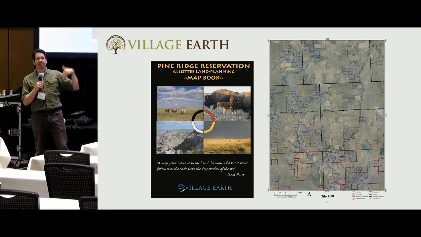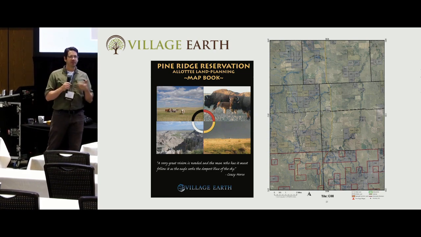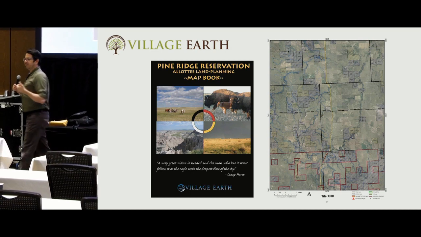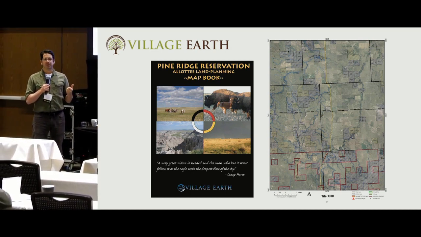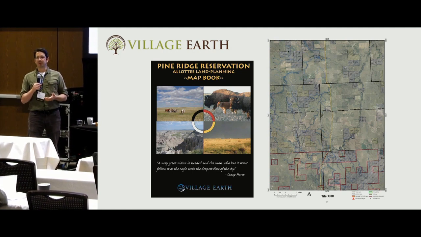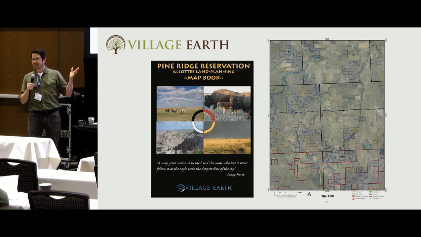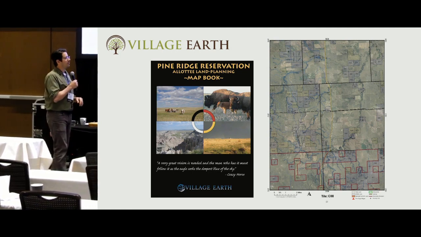You can turn on and off layers. A book is really limited in the amount of layers you can put in there. If you add too many layers, it becomes too confusing. And so it's really hard to make it simple enough to be usable, but also have the information that people want, while also not making it 500 pages long.